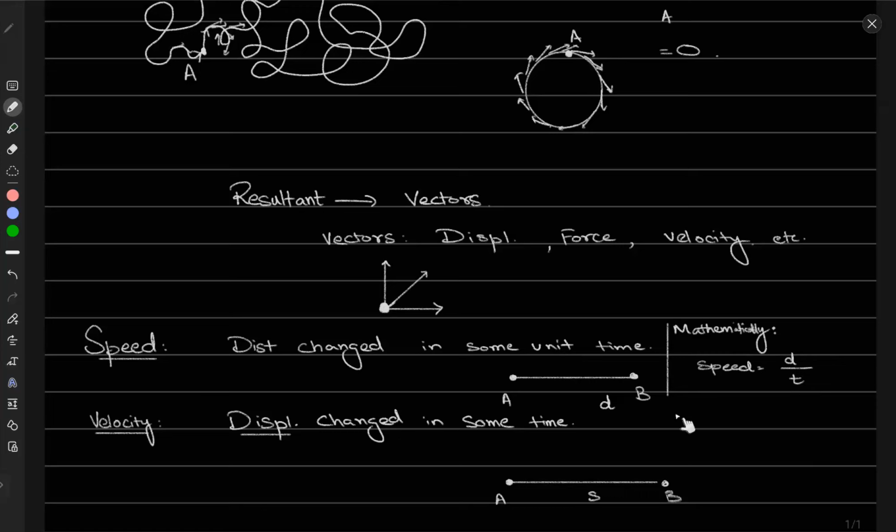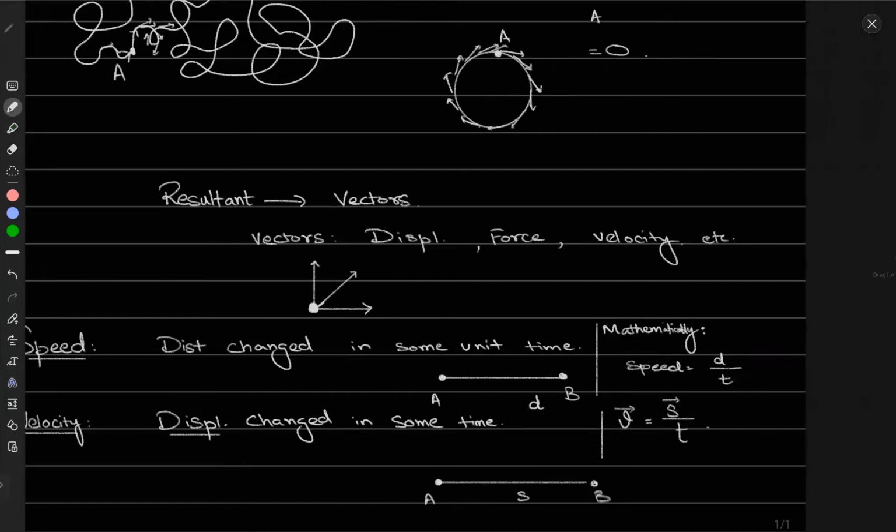In a similar way, I can write down velocity mathematically, giving it a symbol v, and I add this arrow on top of it, telling you that it's a vector quantity. So that is equal to the change in displacement, S with a vector, where S is the displacement vector, divided by the time it takes to change that displacement. So that's the mathematical expression for velocity.